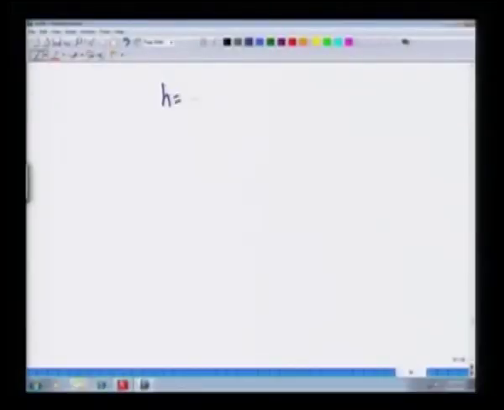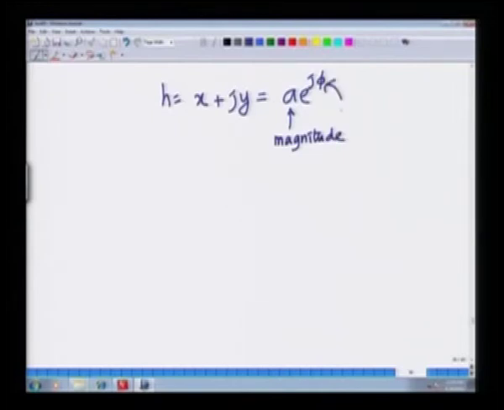Remember, we wrote h as x plus j y, which can also be expressed as a e power j phi, where a is the magnitude and phi is the phase of the complex fading coefficient, or in other words, x equals a cosine phi, y equals a sin phi.